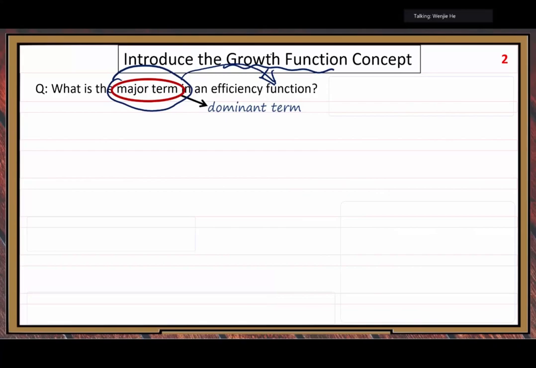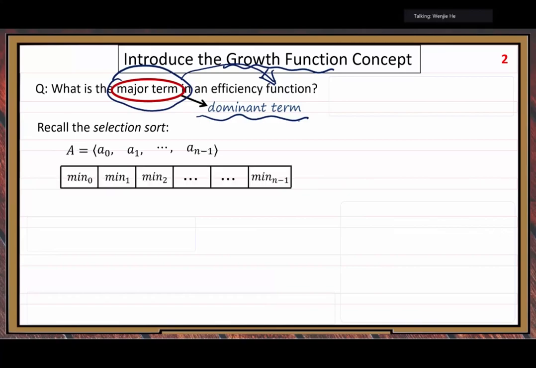I talked about this dominant term concept in our linear search problem, where I introduced this term. Let me recall it. Let's look at the selection sort.